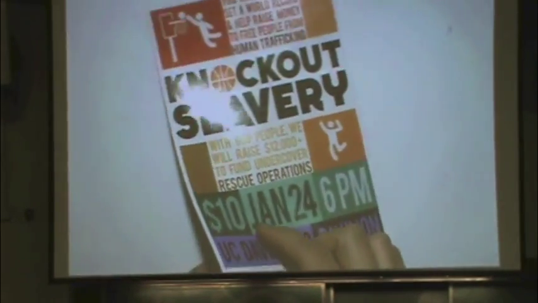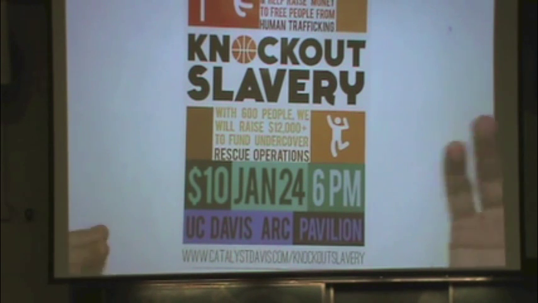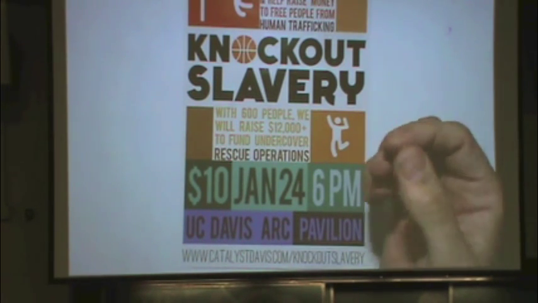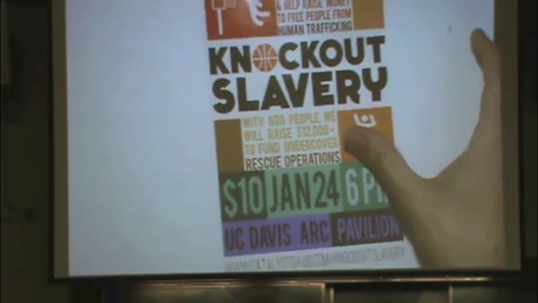The way they're doing it is knockout, because they're going to play knockout, and the funds raised will go to efforts to uncover and rescue trafficked slaves. That's going to be in the pavilion, so I'm signed up to play knockout and hopefully beat a bunch of people. So if you want to come, feel free. I bought some extra flyers. I'll put them up here. Okay.